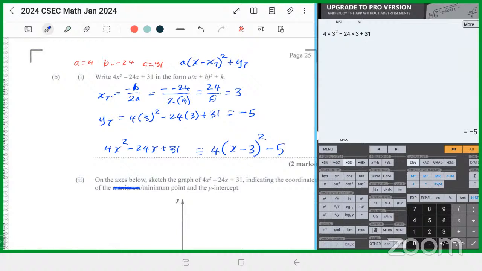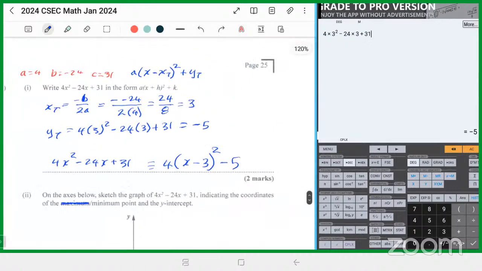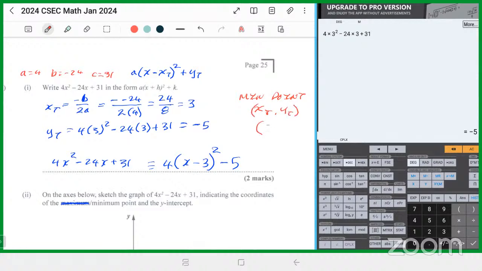All right, and the minimum point will have these coordinates. So we can actually put it here. The minimum point is xt, yt that I've calculated, which then will become 3, negative 5.